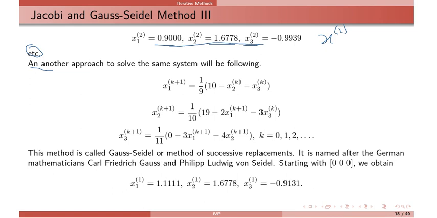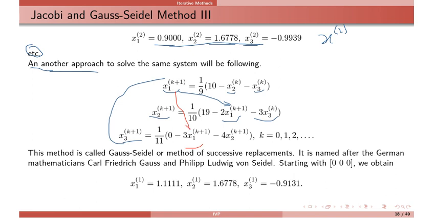And another approach can be similar to previous one. So just solve first equation for x1, so write x1 k plus 1 equal to, put a label k on the right hand side, same as we did previously. But in second equation, just fit updated x1 here. Okay, so new x1 k plus 1, and x3 same old. And in third variable x3, just fit x1 new from this.